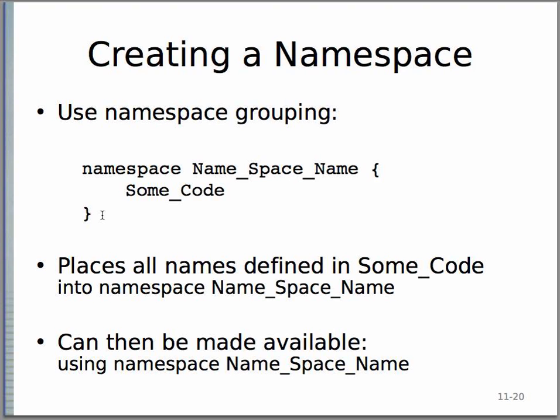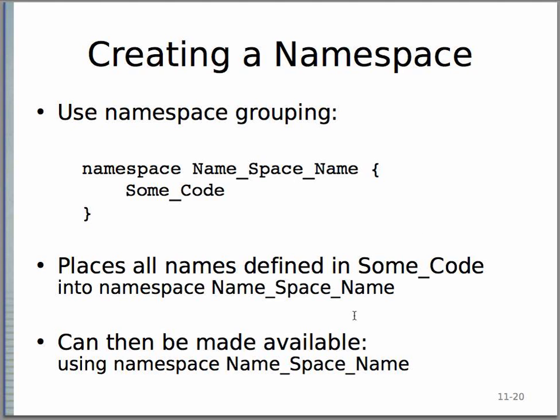Everything else will be like standard and things like that. Okay. So when you set up a namespace of your own, it places all names defined in this code into this namespace, and you can have the same namespaces spread out.